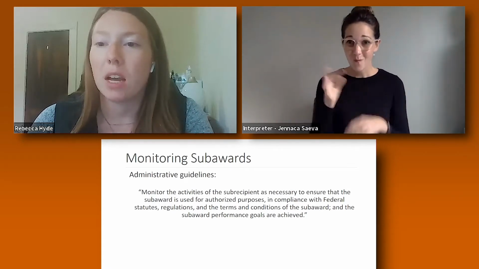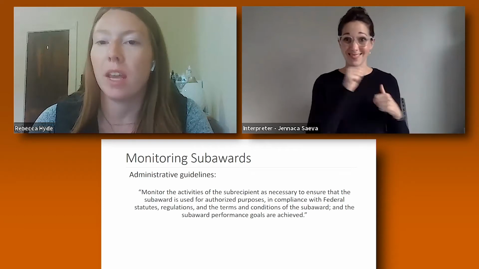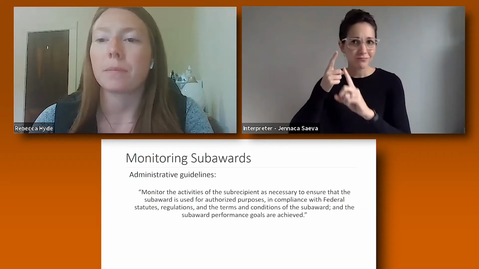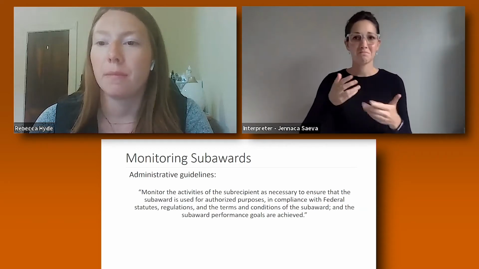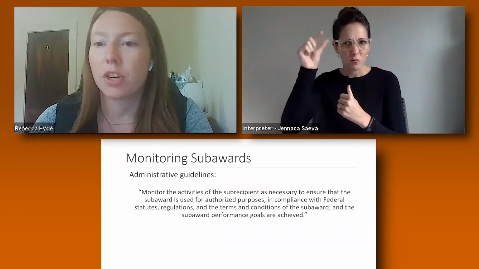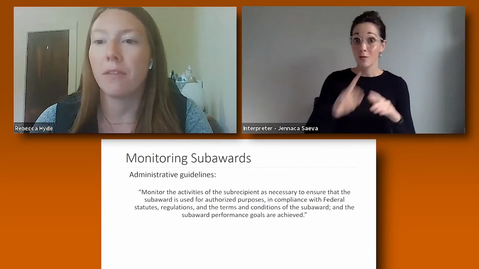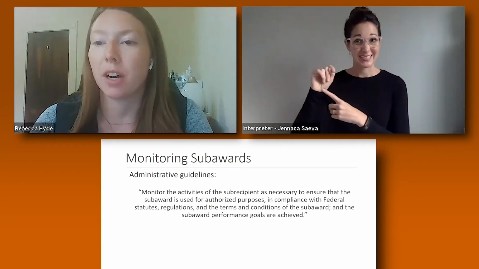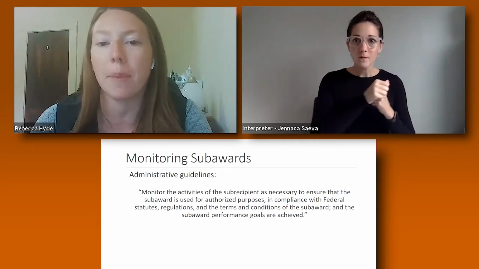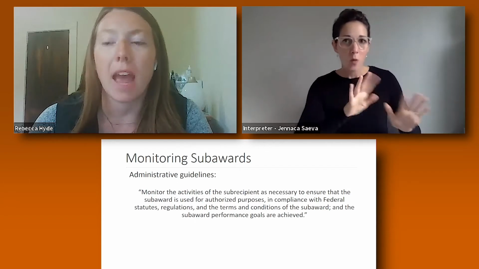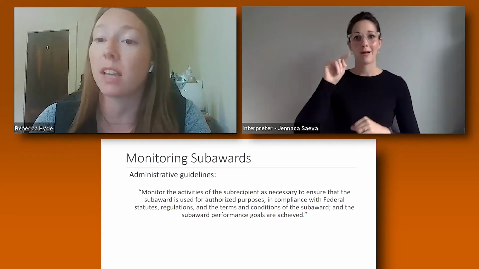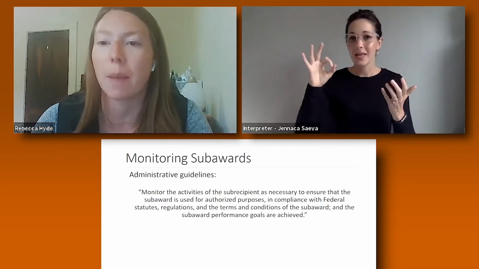This is important because if a subawardee isn't following the right spending plan, they're not contributing to the scope of work, if they're allowing things on the grant that aren't allowable according to the federal government, it will actually show up as a red flag for RIT from the sponsor because RIT was supposed to be monitoring that subaward. So even though the occurrence happened at the other institution, it's still RIT's responsibility, and we'll still get in trouble from the federal government if something were to happen.